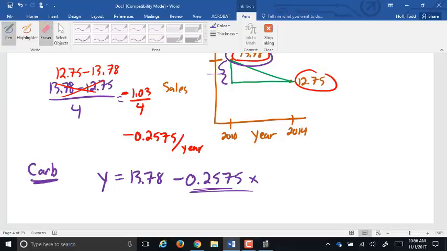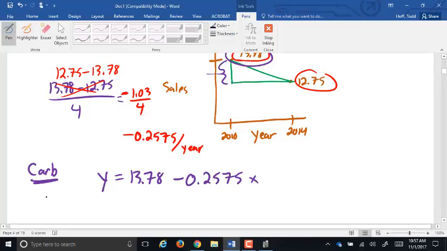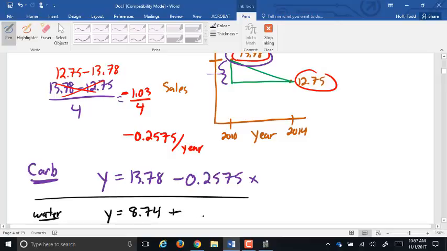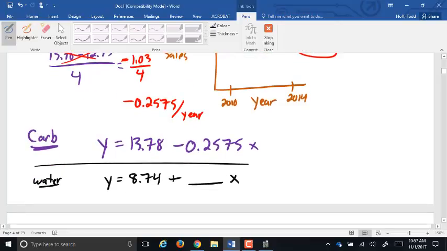I'm not totally sure if that's right. It is right? Okay. And then the same for water. You've got a starting value for water of 8.74. That's increasing, so it's going to be plus whatever its rate of change is times X. So now, what did you get for a rate of change on the water?